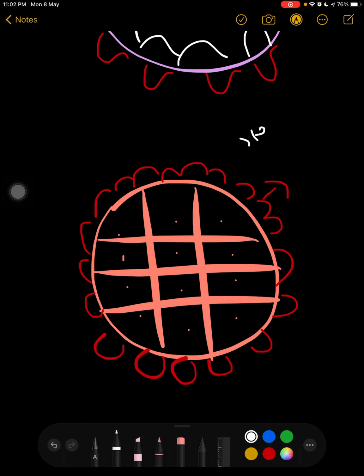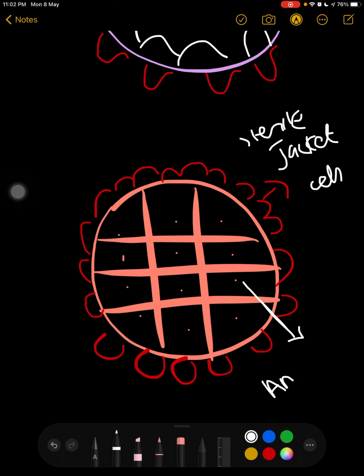These are the sterile jacket cells, and these are the androcyte mother cells. They produce sperms. They are protected by the sterile jacket cells, which protect from desiccation.